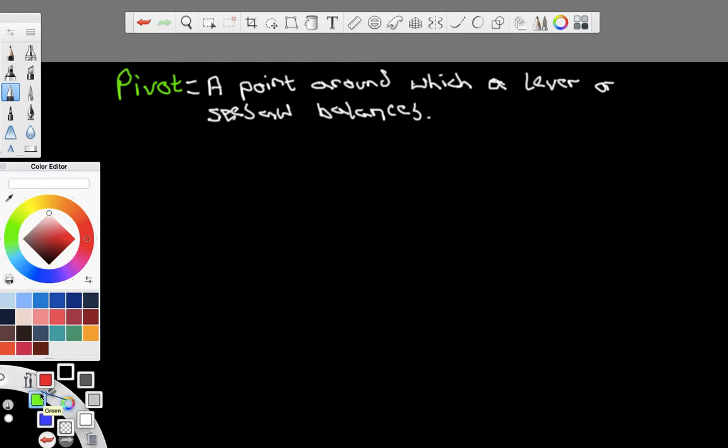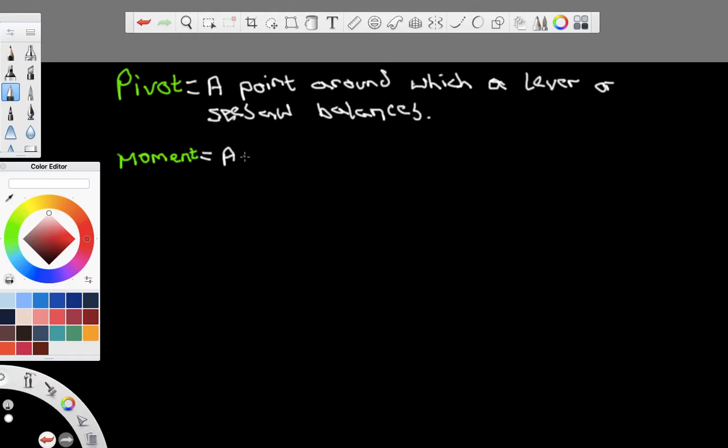Our second definition, which was on that first learning objective, is the word moment. M-O-M-E-N-T. Now we can define a moment as a measure of the ability of a force to rotate an object around a pivot.